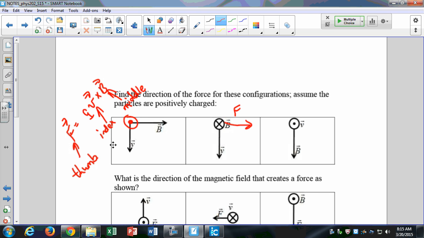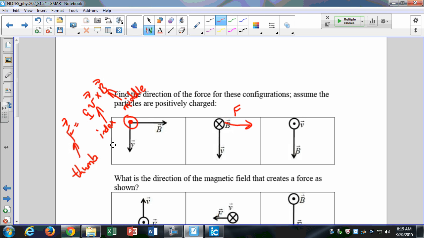All right. How about this one? V is out of the page. B is down. To the right, yeah.